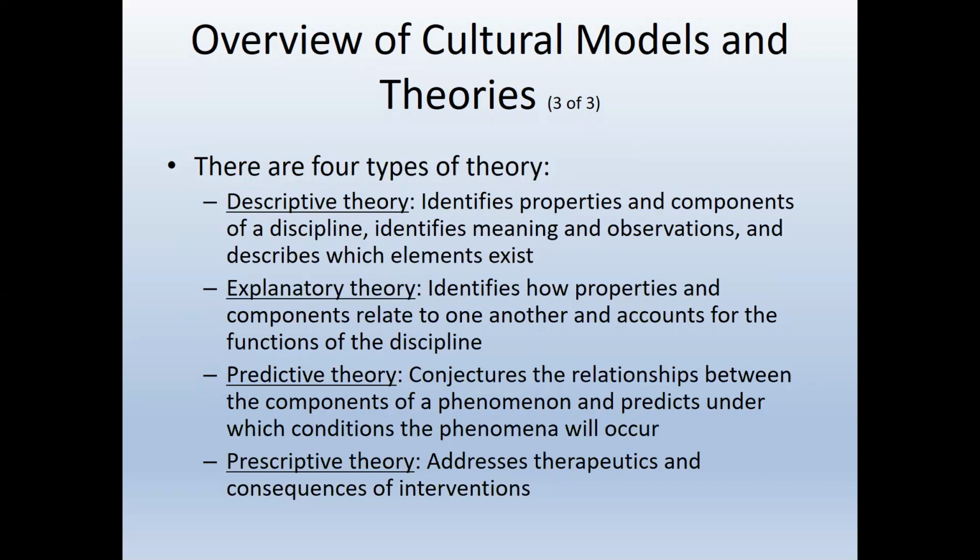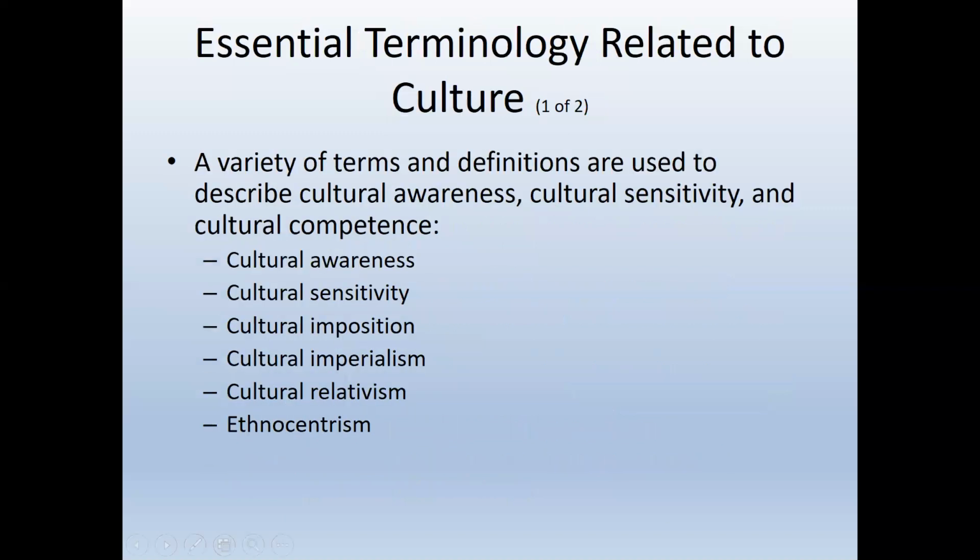You might want to explain how that communication happens. Other theories are predictive, and so they and their components predict under what conditions a phenomenon will occur, and others end up being prescriptive. So they provide guidance on interventions related to, in our case, nursing. So those are the 4 types of theory.